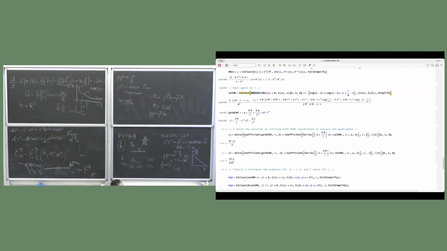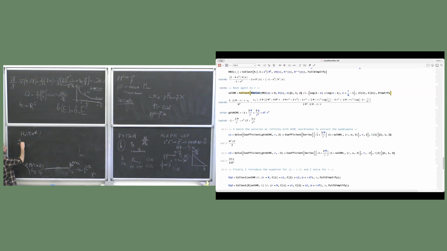So what I'm doing here is constructing now my solution for H0, or as I call it in the notebook, H, for r larger or equal than the radius of the star.